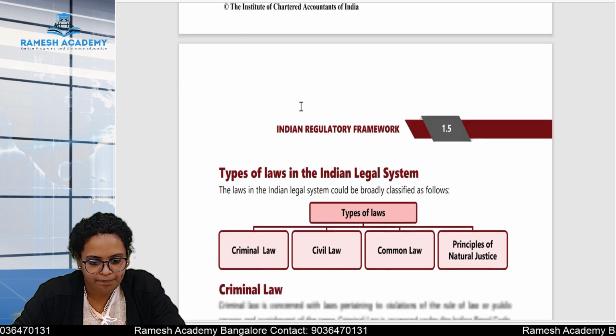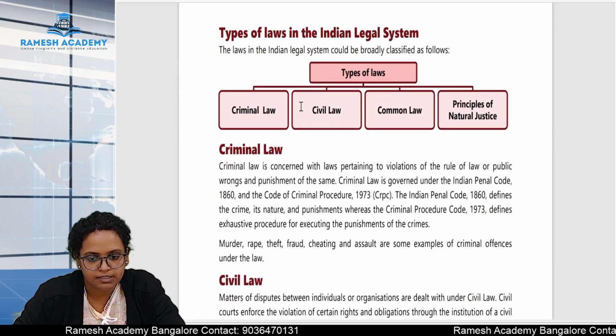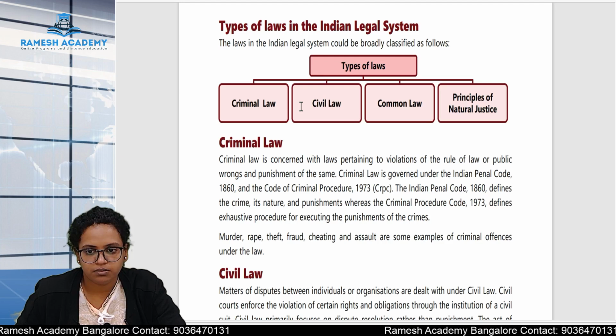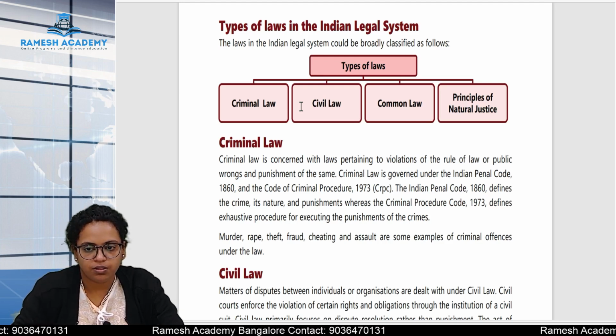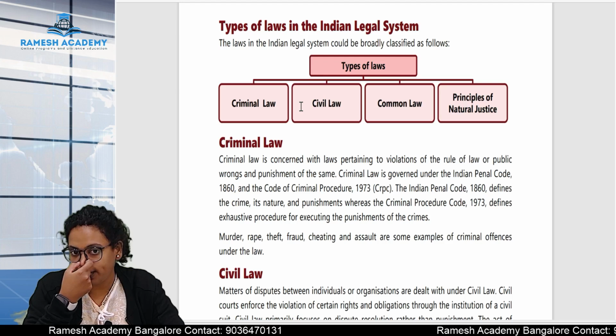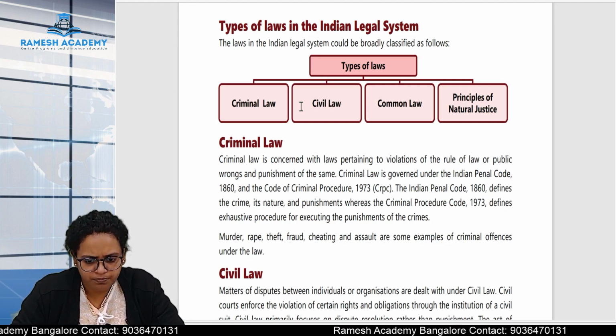Okay. Now let us also study what are the types of laws in the Indian legal system. As I told you before, we have criminal law, civil law, common law, principles of natural justice. What are criminal laws?